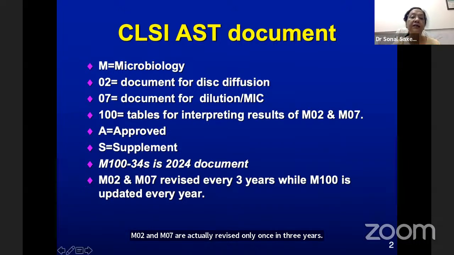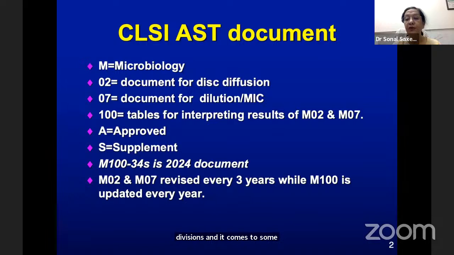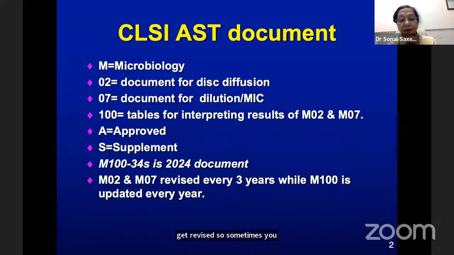So there is a CLSI subcommittee which sits on this and does all these revisions, and it comes to some conclusion, and these M100 tables get revised. So sometimes you might be surprised that there will be a subtle change in the disk diffusion diameters, as happened in 2023 with aminoglycosides or with Pseudomonas or with Acinetobacter.